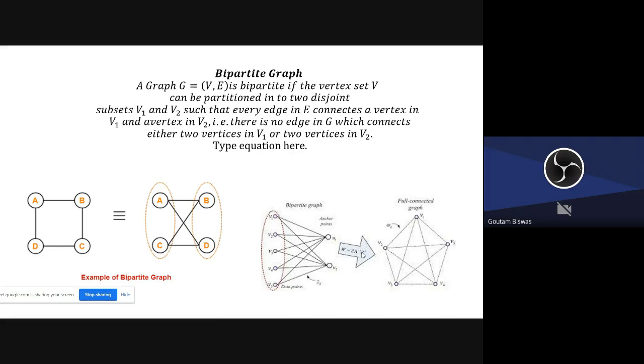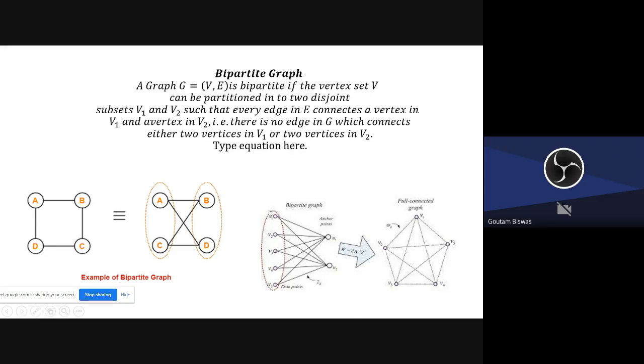Okay, it will come. Now, this is a bipartite graph. Now see, there is no connection between these sets, and there is no connection between these two members.